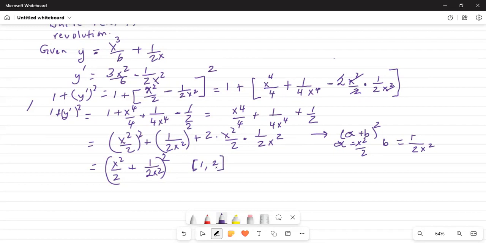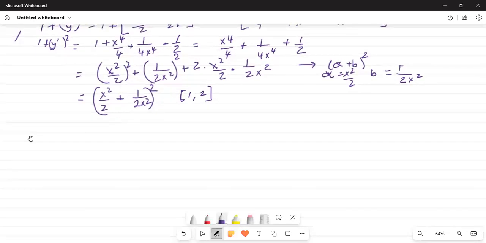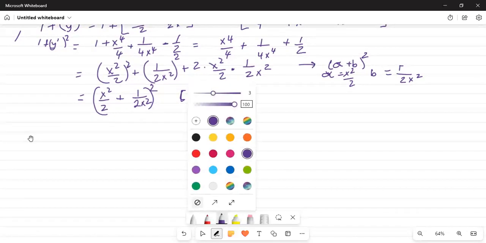So now if we use the formula for S, let me create some space here. And I will change the color of the pen also.